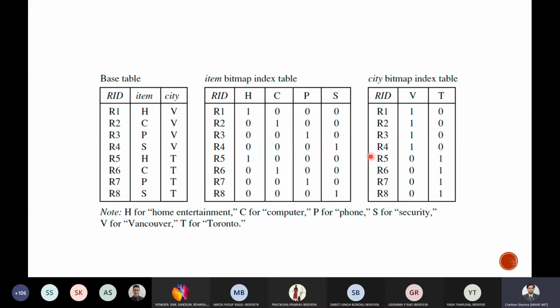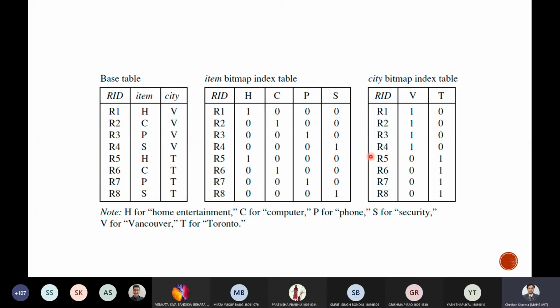So if your domains are low cardinality in nature, then bitmap indexing is advised. For higher cardinality domains, a method like bitmap indexing can be adapted by using certain compression techniques. If you use it as it is, it might not be too efficient.